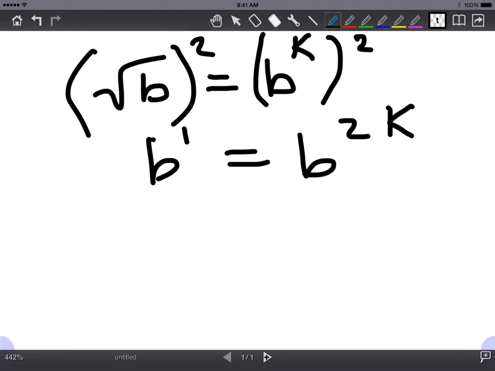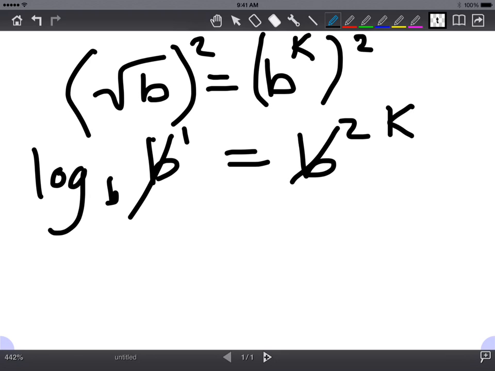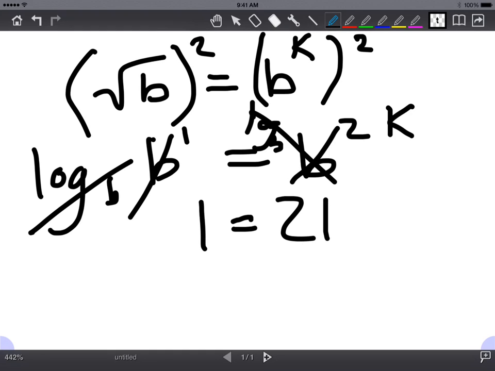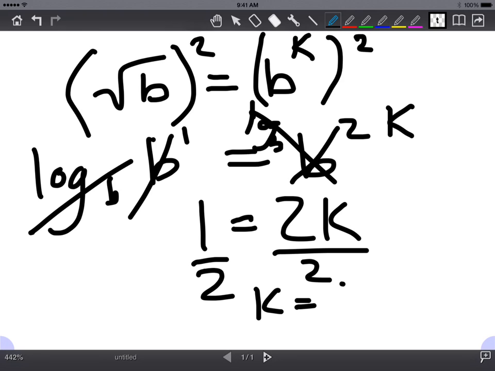and then this is a b to the first, and then you can just cross off those b's, because it's basically like taking the logarithm base b on both sides, those cancel out, and you get 1 equals 2k, and you divide by 2, and you get k equals 1/2.